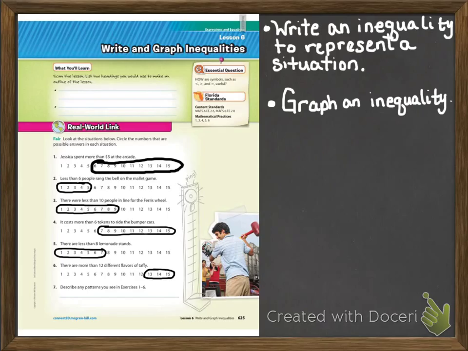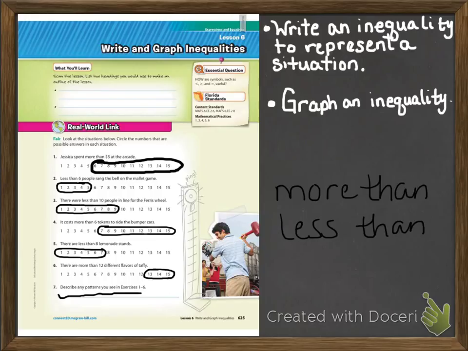When you get to question number 7, it asks us to describe any patterns that we see in exercises 1 through 6. Now, in all of the exercises, the phrasings more than and less than showed up in just about all of the problems. What I wanted you to notice is that when you see more than or less than, it did not include the number that was attached to the situation.